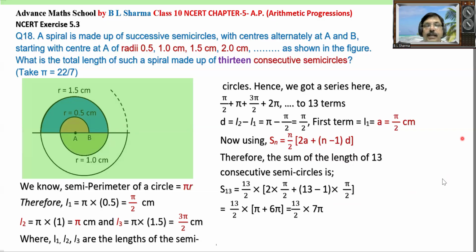Now put the value of pi, that is 22 by 7. 7 and 7 cancel. 2 11s are 22.